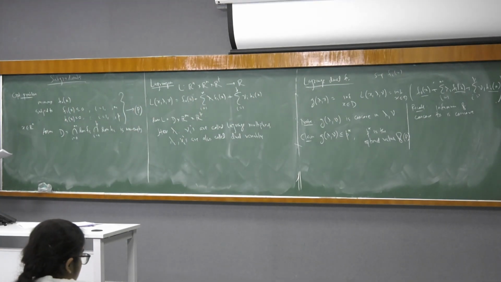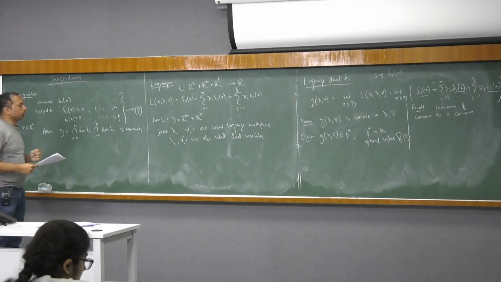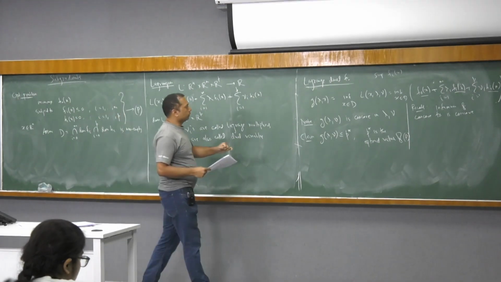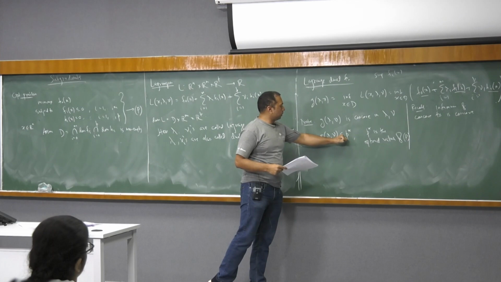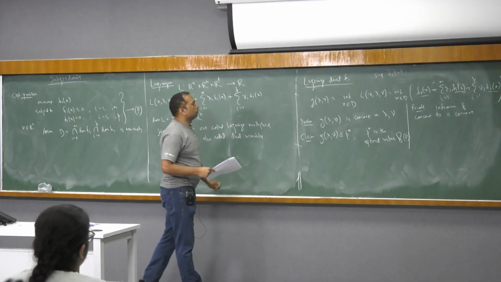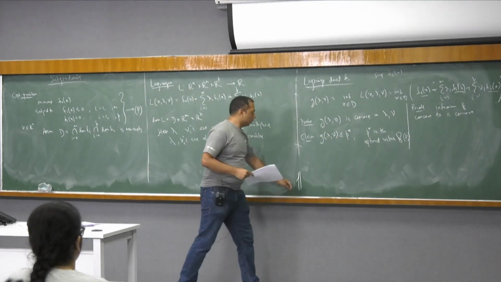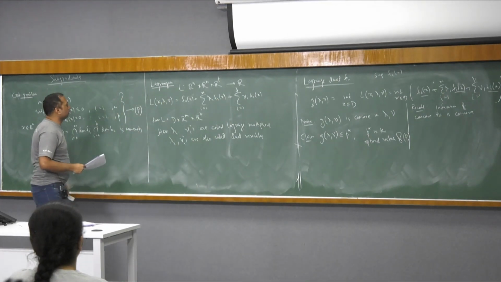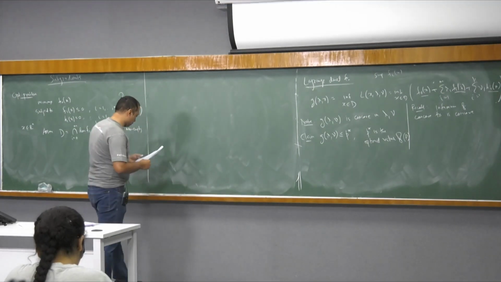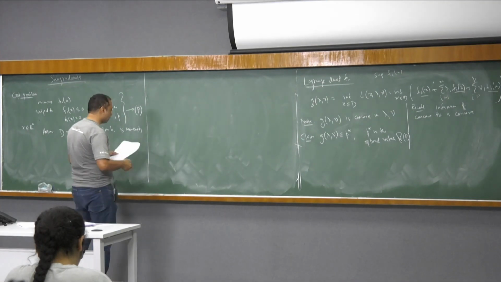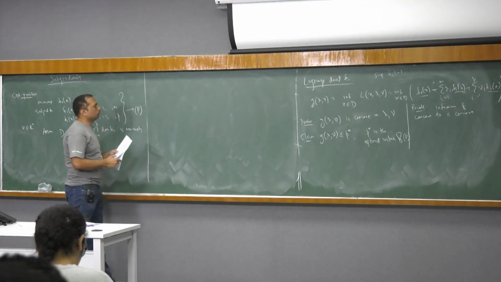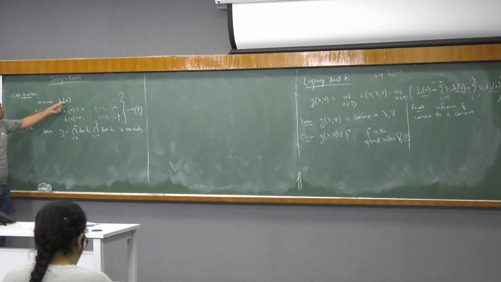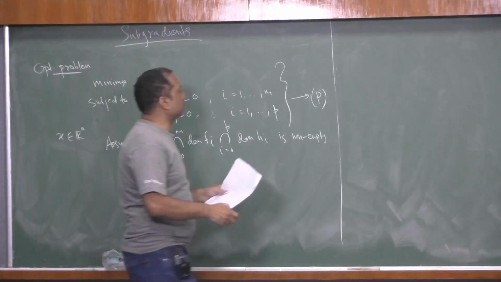So how do you prove this? Why should g(lambda, nu) be less than or equal to p star? Let us try to prove this. Suppose x bar is a feasible point. First, let us define a feasible point.